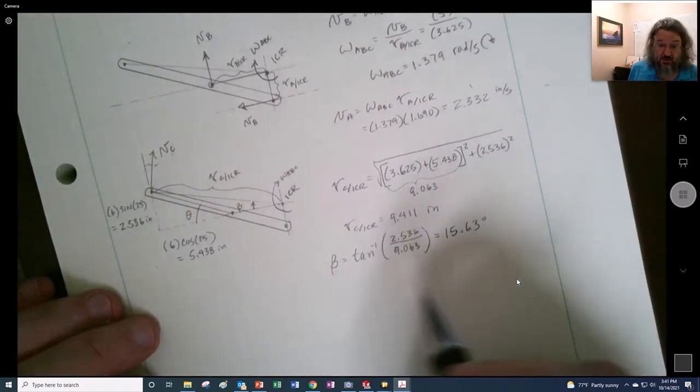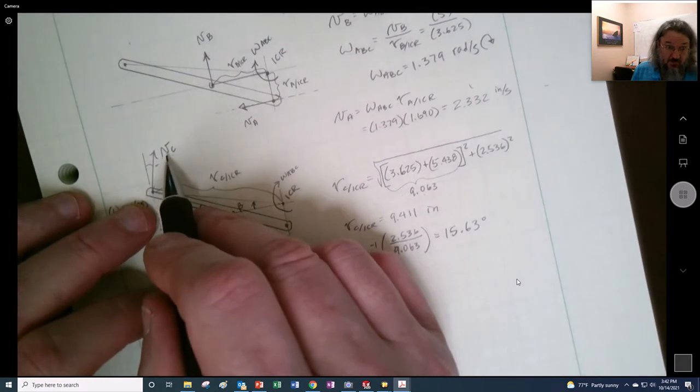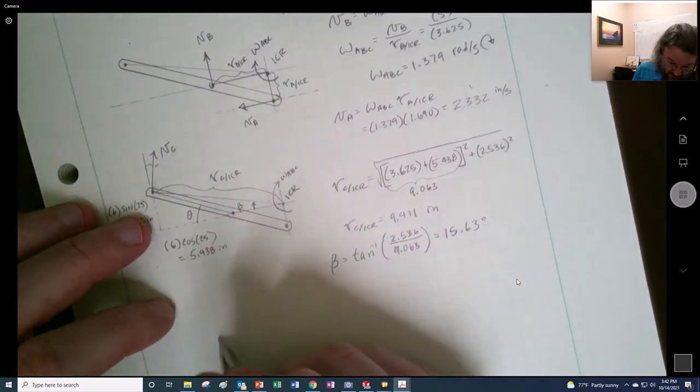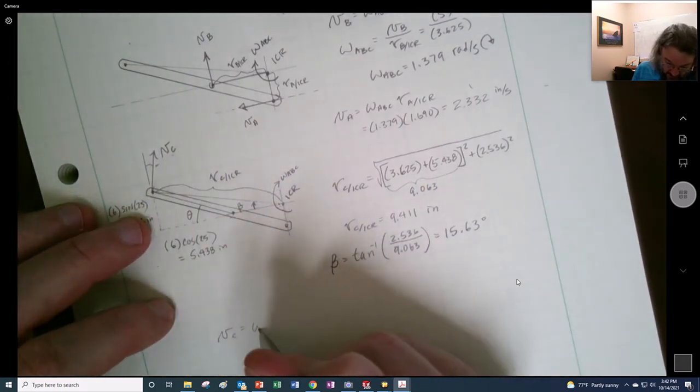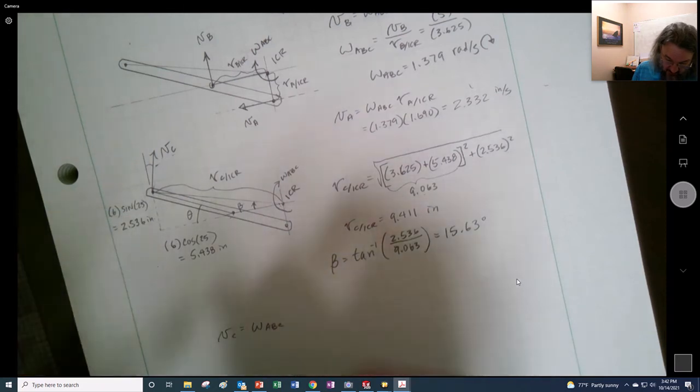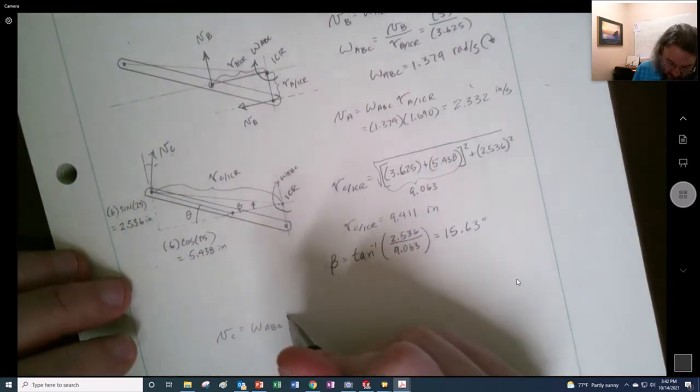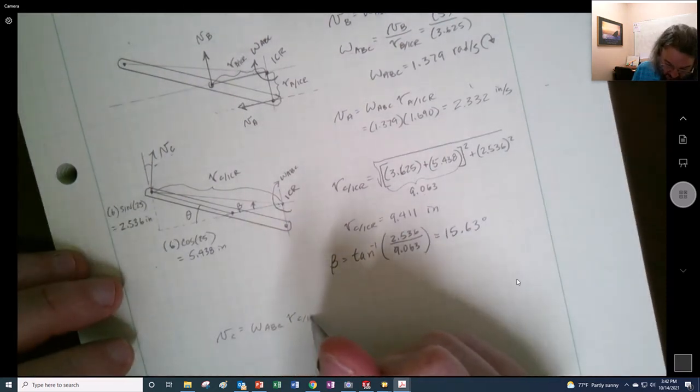I'm armed and dangerous. All I need to do to get my velocity of C is take omega ABC, which I found up above, and multiply it by R, C with respect to ICR.